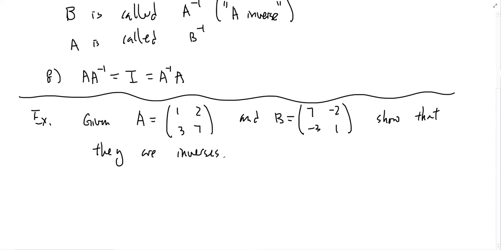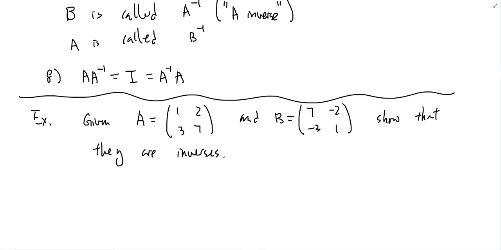It basically means that if you have A and A inverse, then A is the inverse of A inverse, just like A inverse is the inverse of A. It's not possible for A to be the inverse of B, but B is not an inverse of A. That relationship doesn't exist. So here, I'm going to show these 2 matrices are inverses.